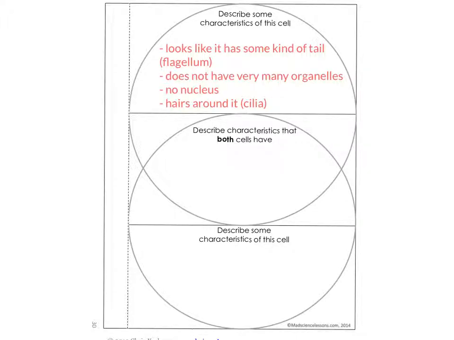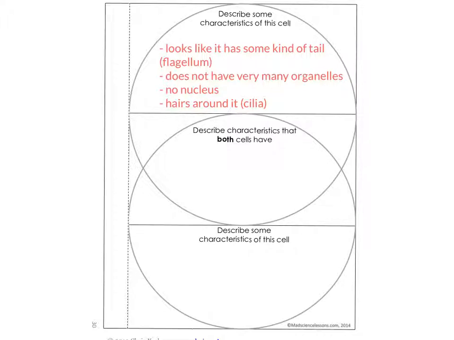Okay, let's start with the characteristics of a prokaryotic cell. Prokaryotic cells look like they have some kind of tail, which I've discussed is called the flagellum. It's used mostly to help the organism move around. It does not have very many organelles inside of it. If you remember, prokaryotic cells are a very simple form of life, very basic, so they don't require a lot of organelles to perform their functions.